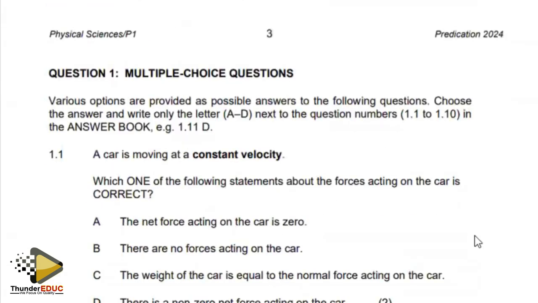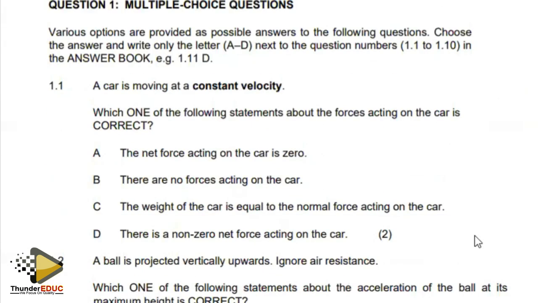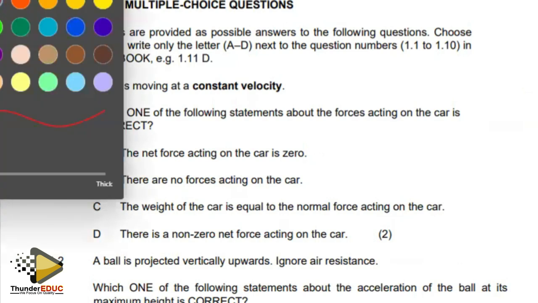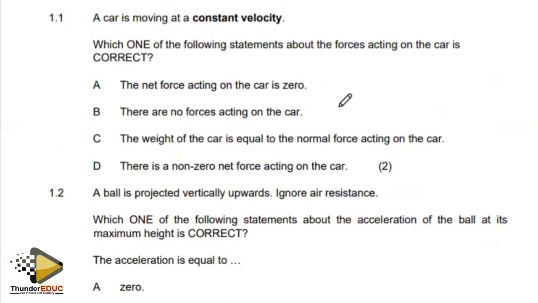Now I'll start with the multiple choice, in as much as most people feel it's kind of obvious. Let me choose this. In this case, options are always given, and you just have to choose what is correct.